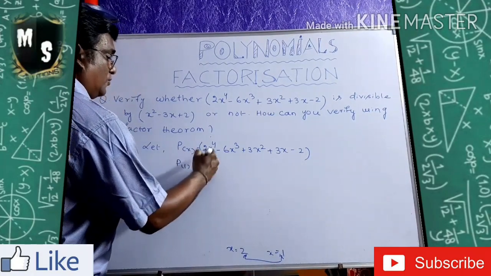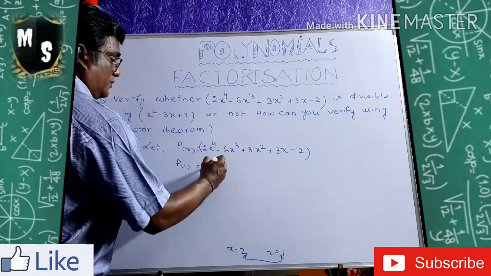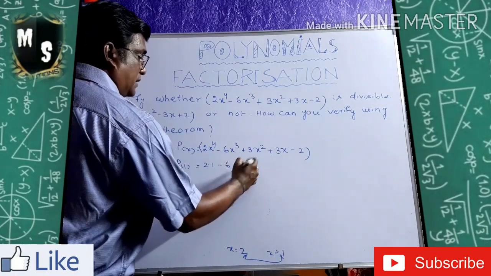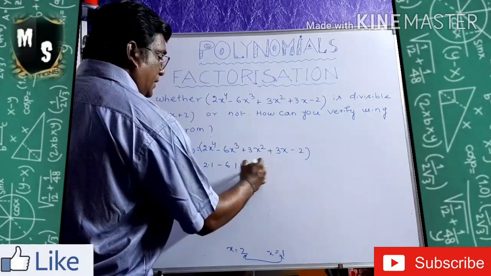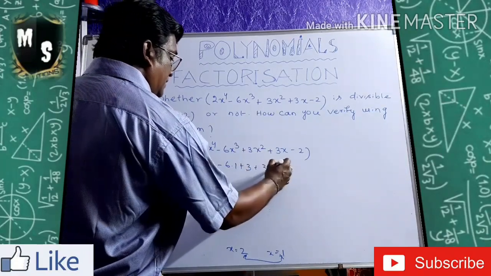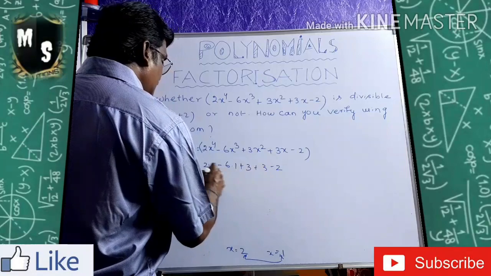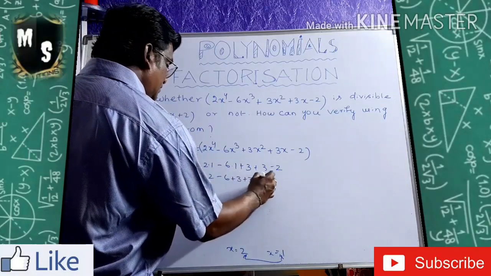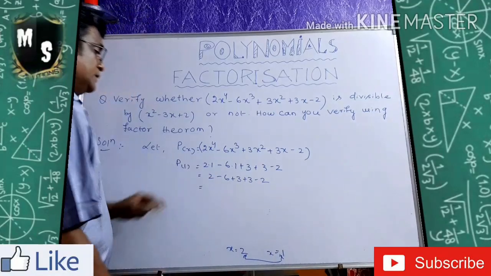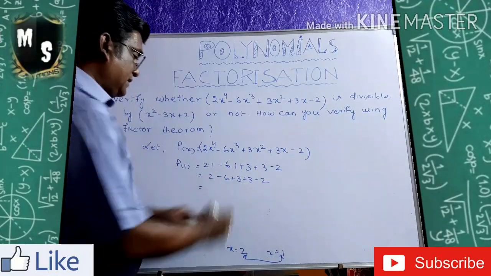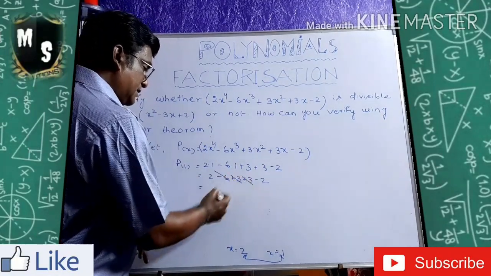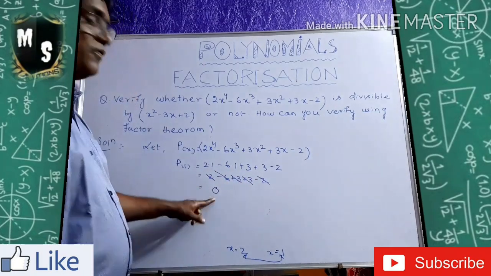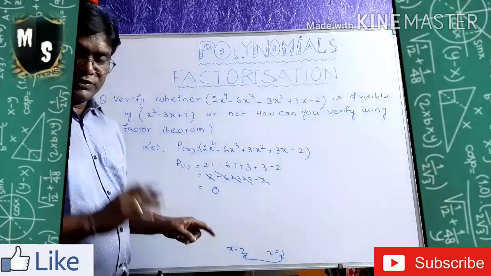Then what is it? 2 into 1 to the power 4, that is 2. Minus 6 into 1 to the power 3, that is 6. Plus 3 into 1 squared, 3. Plus 3 into 1 is 3, minus 2. What is coming? 2 minus 6 plus 3 plus 3 minus 2. 3 plus 3 is 6, minus 6, and 2 minus 2 cancel. What is coming? 0. So p of 1 is coming 0.